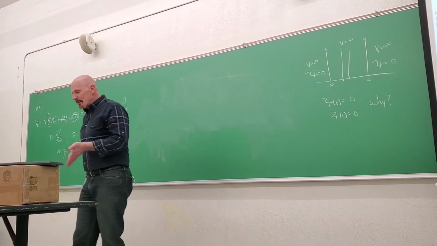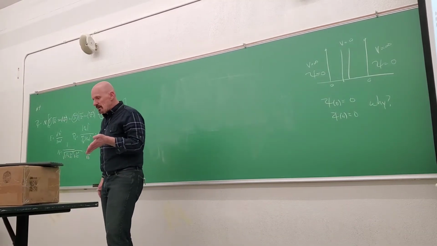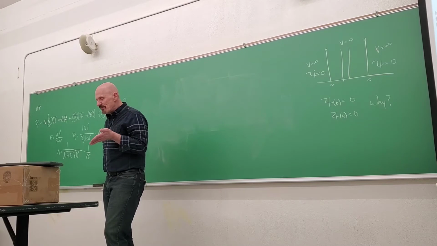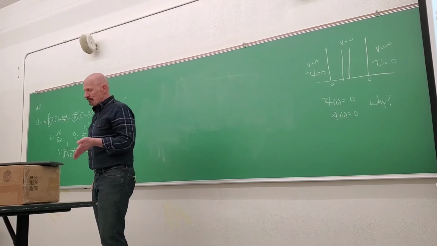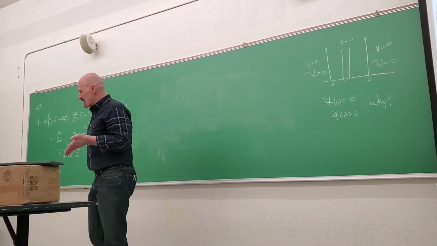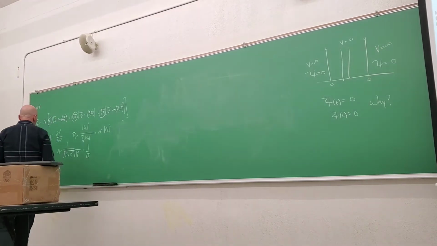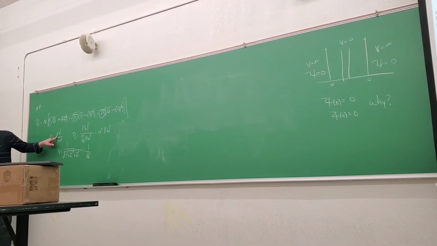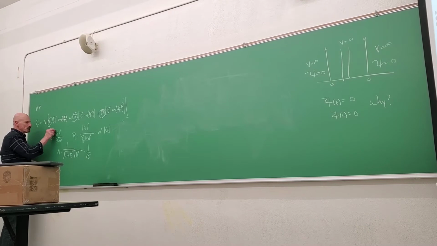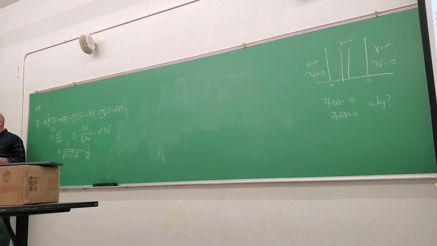So before we make a measurement, what's the probability of measuring an energy value of 4h squared over 8ma squared? Well, I go to my energy expression. If n squared is 4, n is 2, right? For that one?